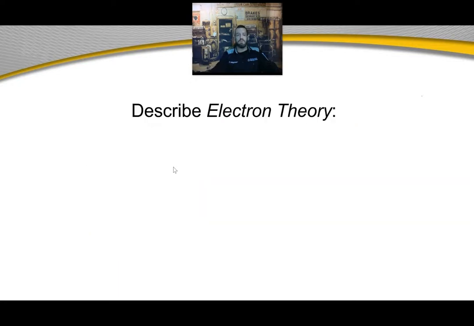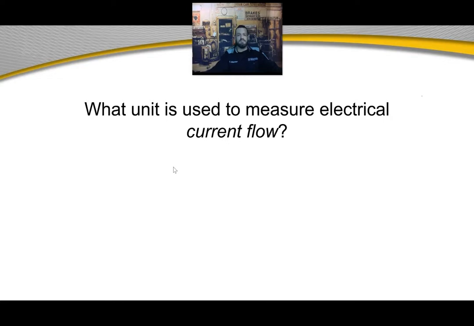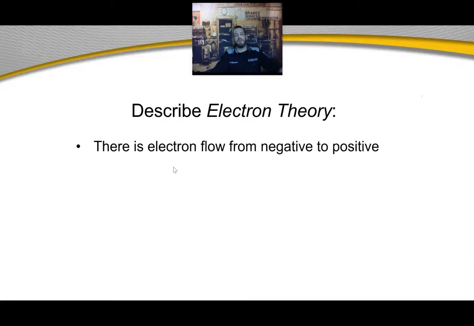Very easy to remember. Now, this is actually a really funny story. What is electron theory? There is electron flow from negative to positive. This is actually what takes place, okay? Let me just see if I can remember, even though I literally just went through this.